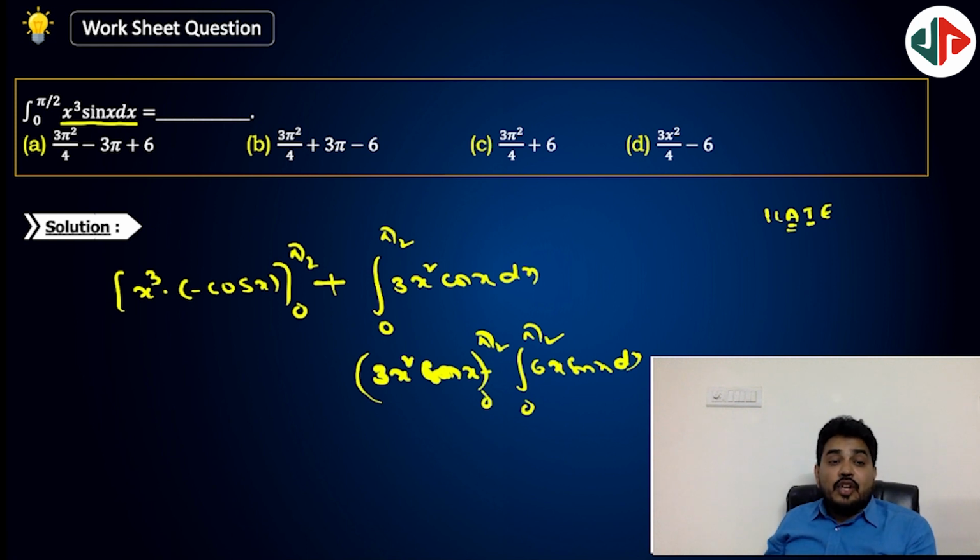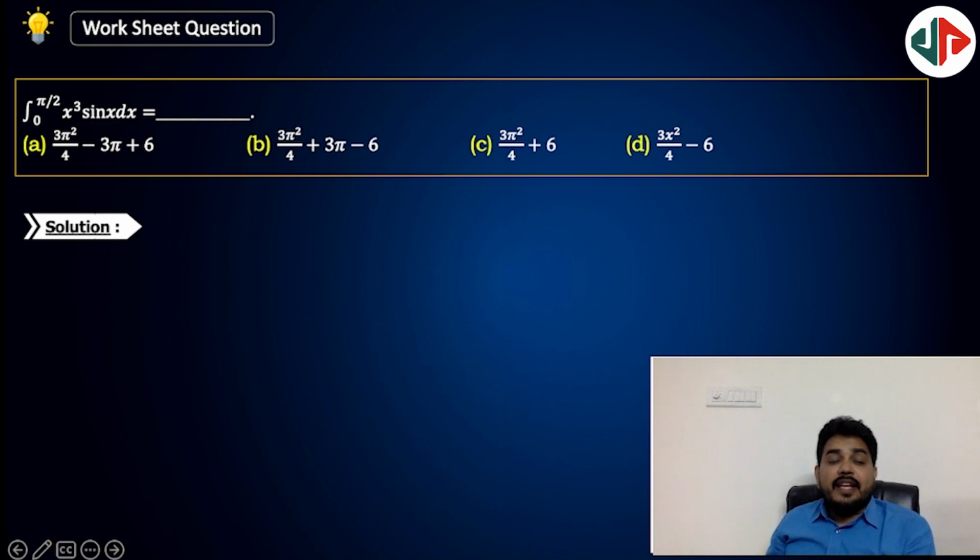Same thing, you can also do another way, which is the Leibniz rule. What is the Leibniz rule? x cube into the integral of sin x, which is minus cos x, minus 3x square into whatever the next integral is.